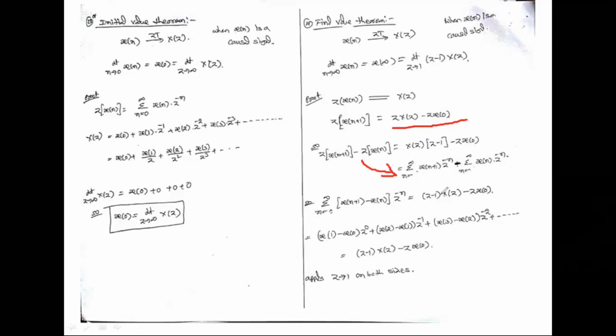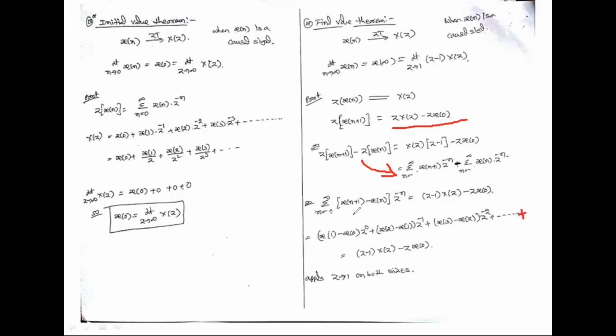And in the right hand side, (z minus 1) x of z minus z into x of 0. Expand this function, substituting n equal to 0: x of 1 minus x of 0, z power 0; x of 2 minus x of 1, z power minus 1; x of 3 minus x of 2, z power minus 2, and so on. And you can write this here also.